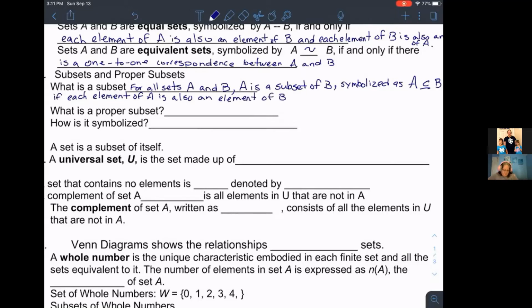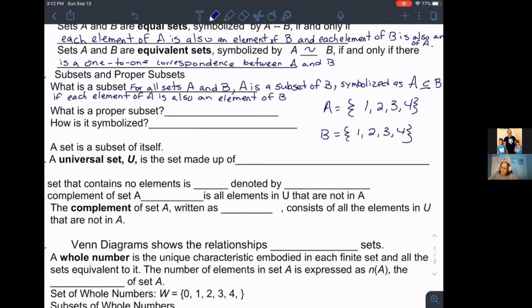So that is saying, like, say we have a set A that has 1, 2, 3, and 4. If B is a subset of A, it would have the same elements in it.